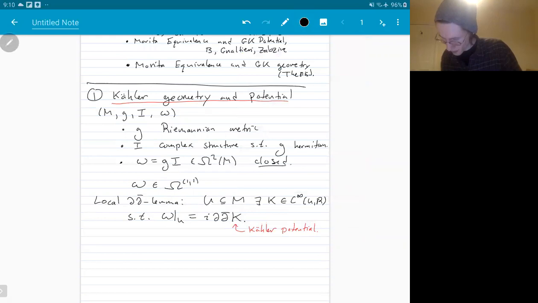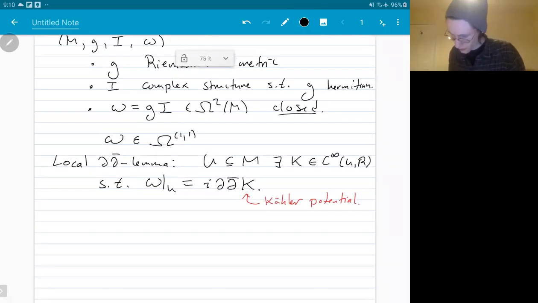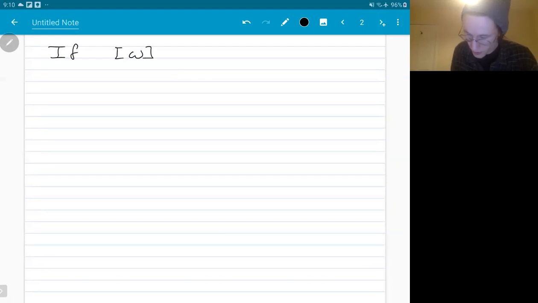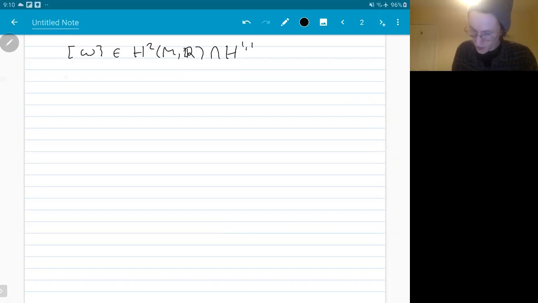I'll just comment a little bit more on what the meaning of the Kähler potential is. So something that we can do is, if we take the cohomology class of the Kähler form, it's real and it has type (1,1). But if it's in the image of the integral forms, then it can be pre-quantized.